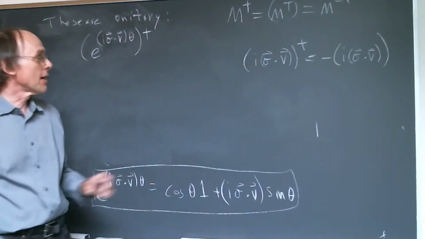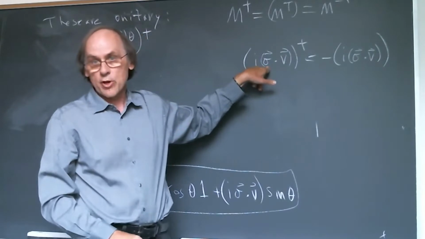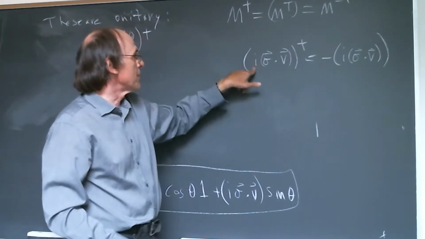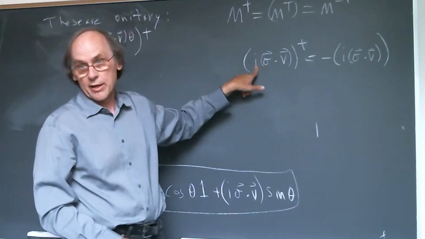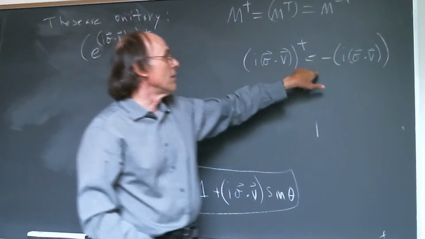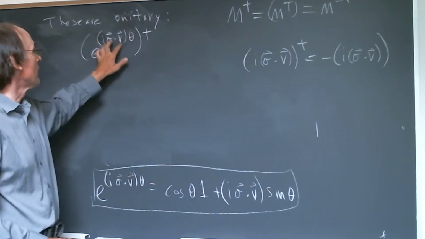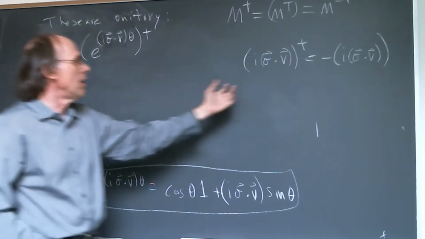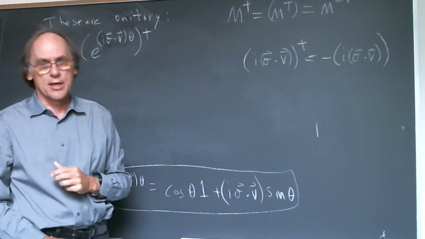You can check that, because these are self-adjoint matrices and these are real numbers. So when you take the adjoint, this stays the same, and this picks up a minus sign. So these gadgets that you're exponentiating are not self-adjoint gadgets. They're skew adjoint gadgets.